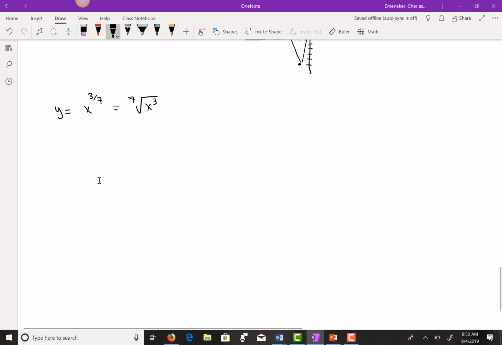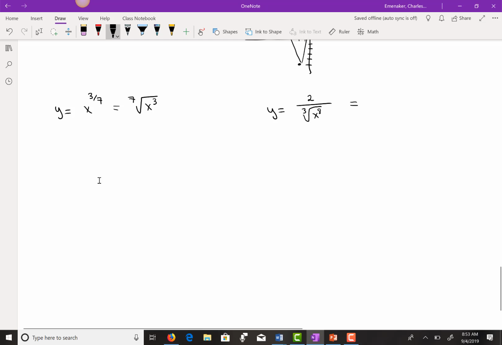More importantly, you're going to need to be able to take things like this, 2 over the cube root of x to the 8th, and rewrite that as an exponent. Well, why? Because when we start doing derivatives and stuff, you're going to need that to be something like x to the 3/7, so you can compute the derivative.